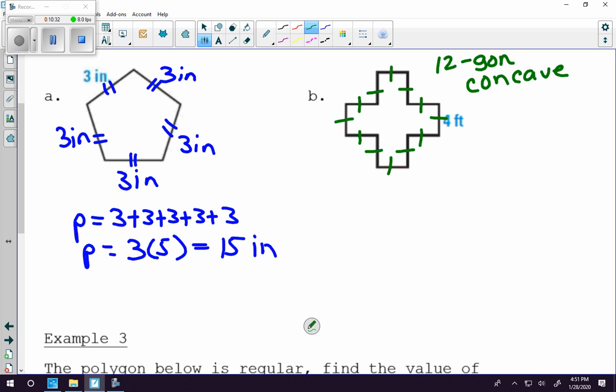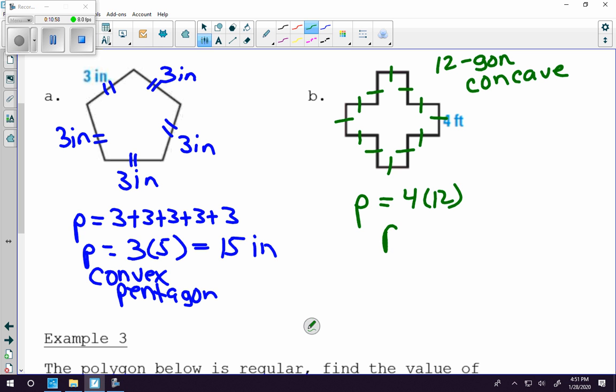Why? Because one or more vertices have been punched in. Part A, going back, I apologize, was a convex pentagon, and letter B, we got a concave 12-gon. We have 12 sides, so the perimeter of this 12-gon is going to be 4 times 12. So the perimeter around this concave 12-gon is going to be 48 feet.